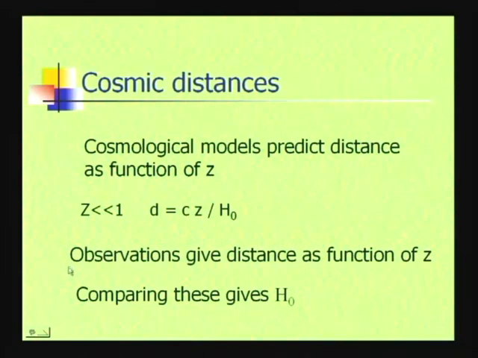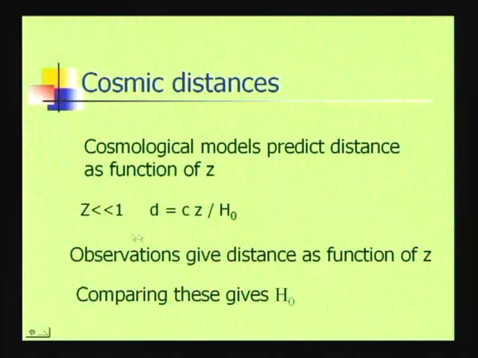Now, you could also observe the distance as a function of redshift. So, you have two things, one is the model prediction, other is observation. At small redshifts, redshifts much less than 1, you can compare these two. The model predictions all match, they give you this, and you can observe this distance as a function of redshift.